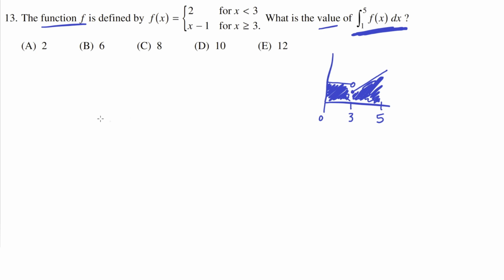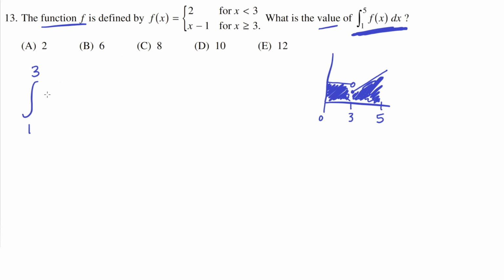So the first integral is going to be from 0 or 1. It starts at 1, from 1 to 3. And we're going to be taking the integral of the first function, because that's the function that exists for values less than 3, and this range is for values less than 3.